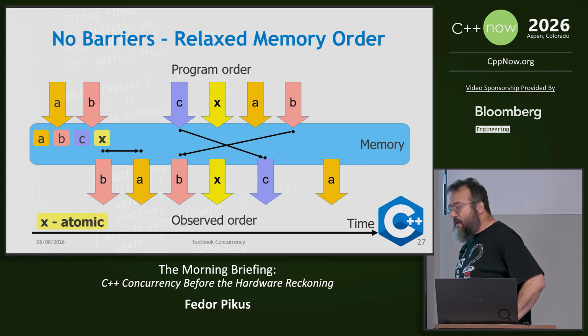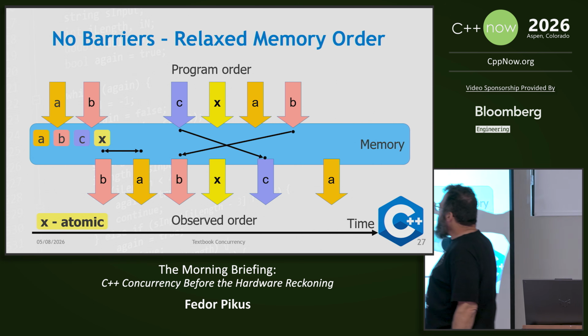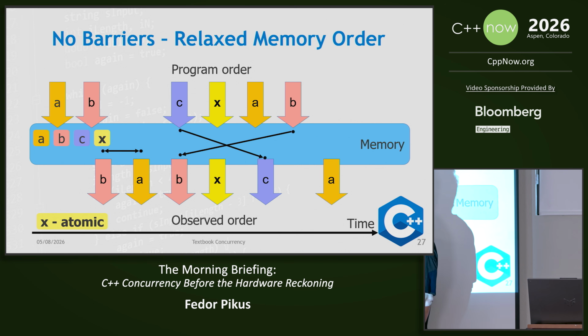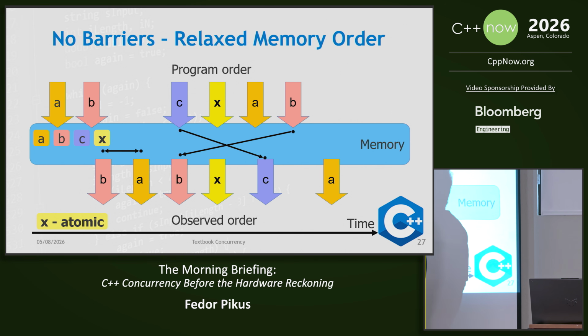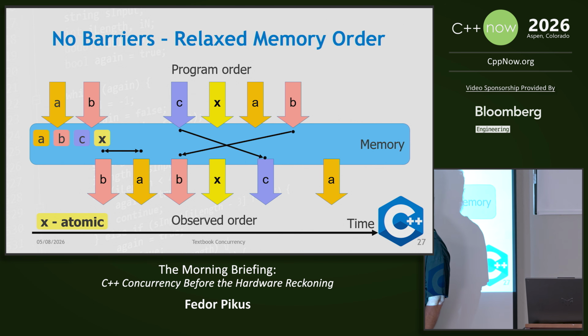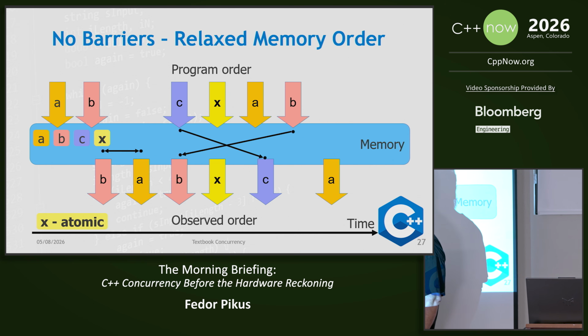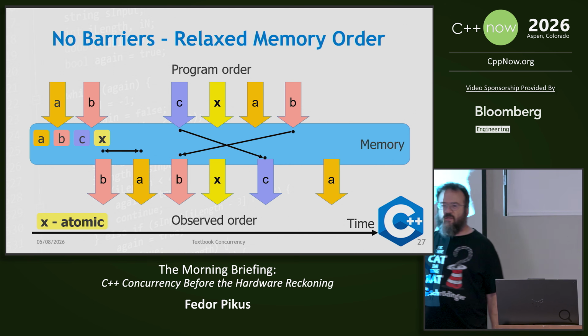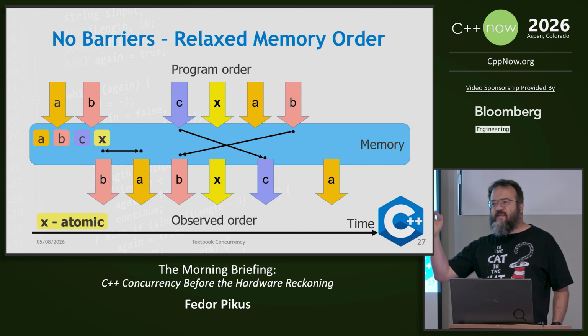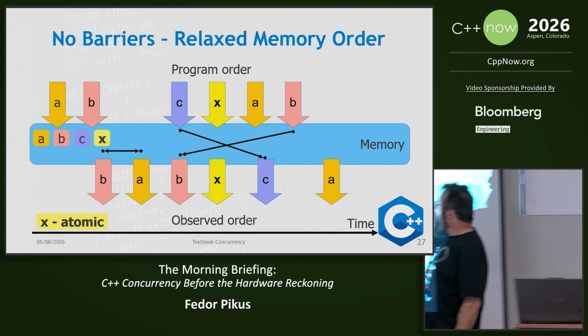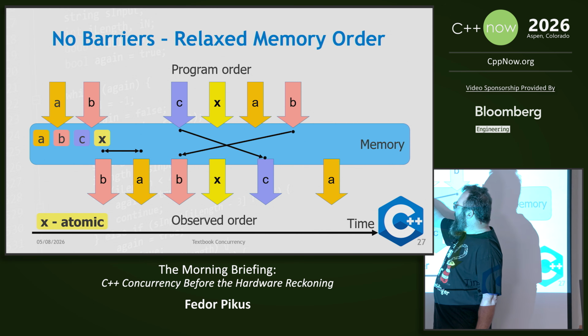Oh, okay. All right. So this is the x atomic variable. We write into x, and the other core is watching x. At the moment you see x change, we declare our clock synchronized. We say, okay, this is now.